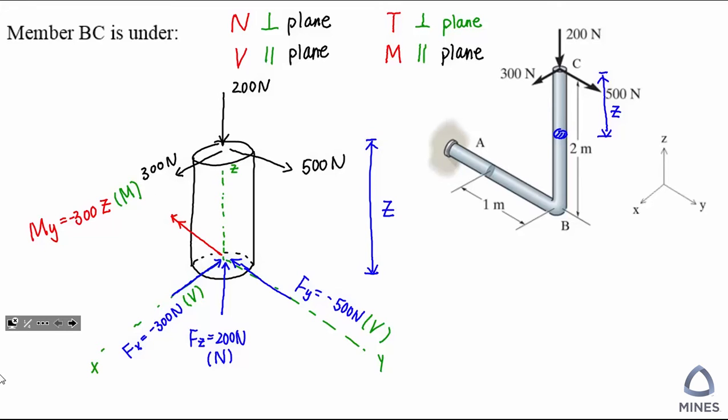We do the same thing for the 500. You can see 500 multiplied by the dimension z will also give the moment in the x direction. And we can see this moment is also parallel to your cutting plane, so it will be a bending moment again instead of a torque.